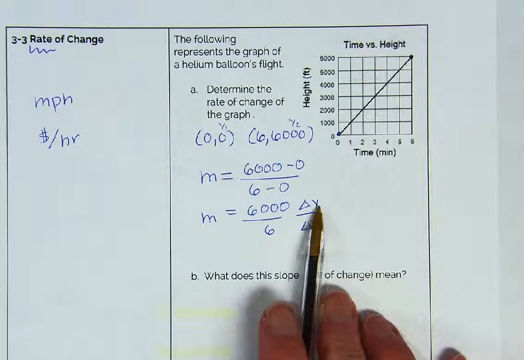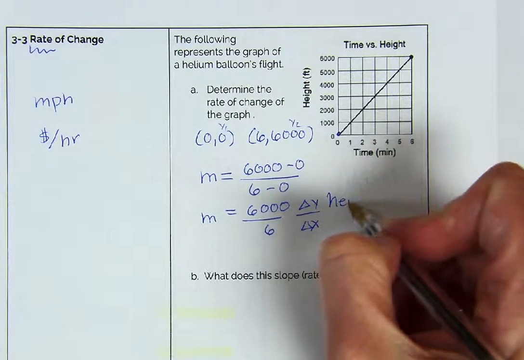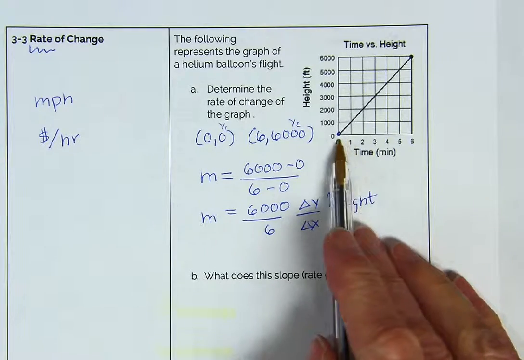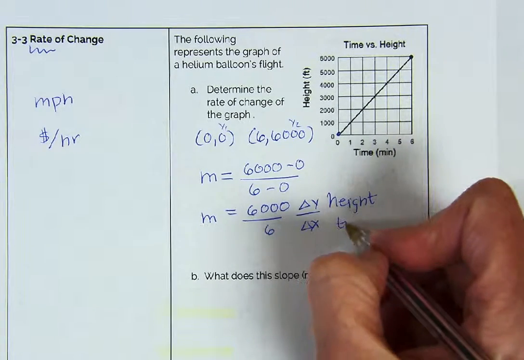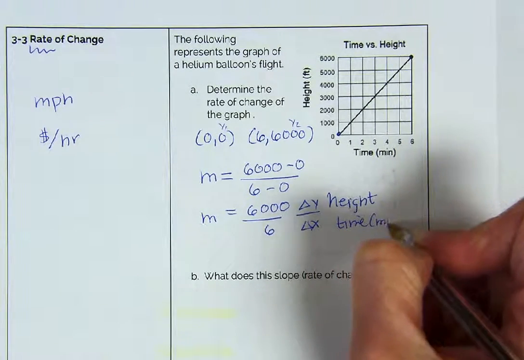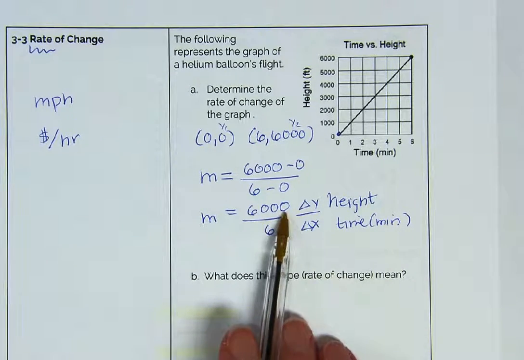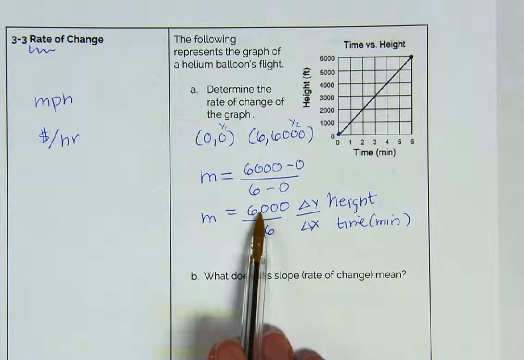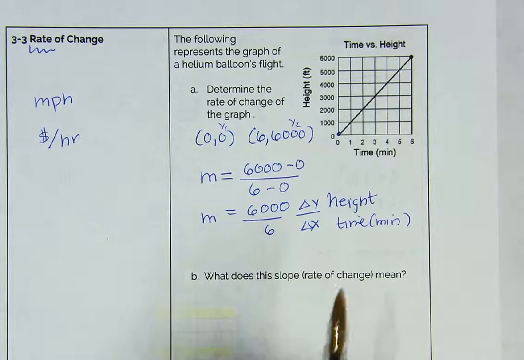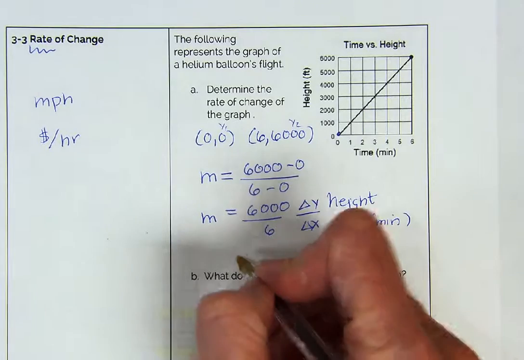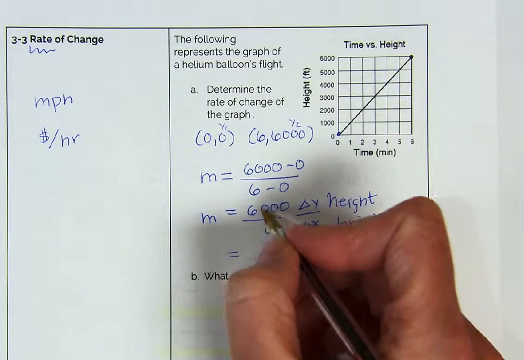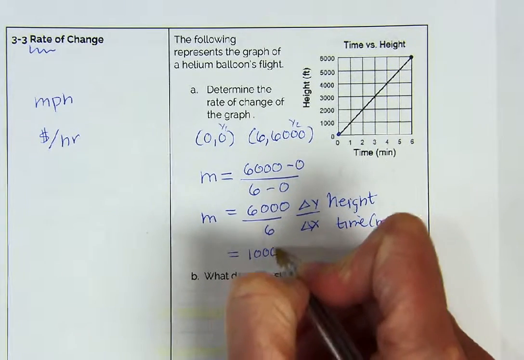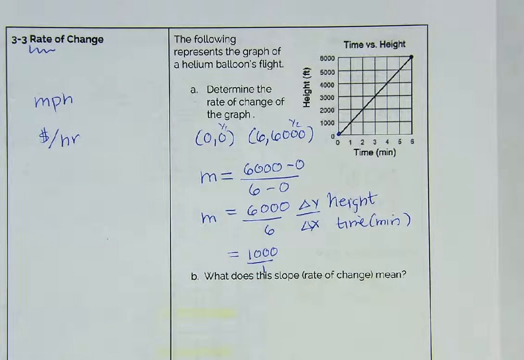What's changing in the y-axis is height, and what's changing on the x-axis is time in minutes. So really what this slope is telling me is that every 6 minutes, this helium balloon that's escaped is rising 6,000 feet. So obviously if I reduce that, that is going to be 1,000 feet for every 1 minute in time.